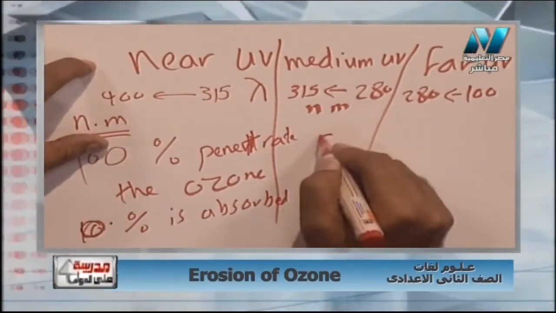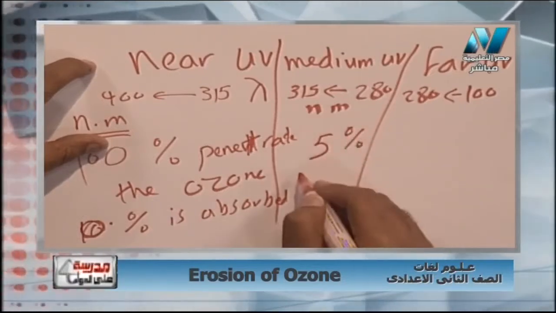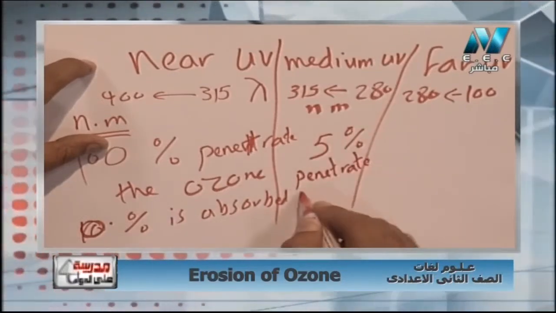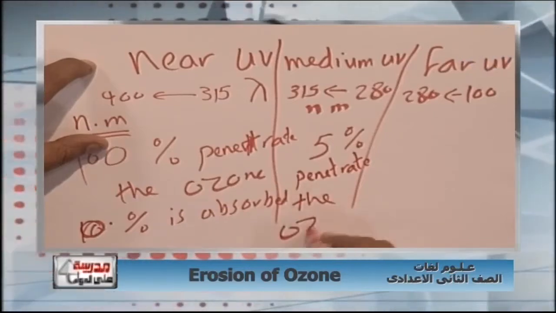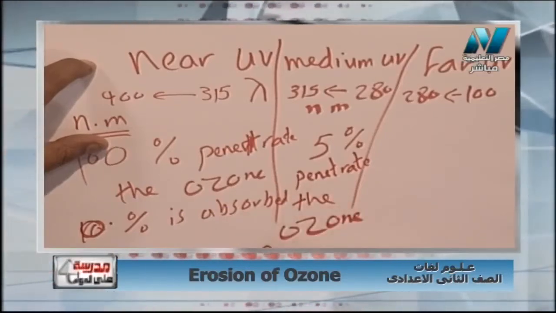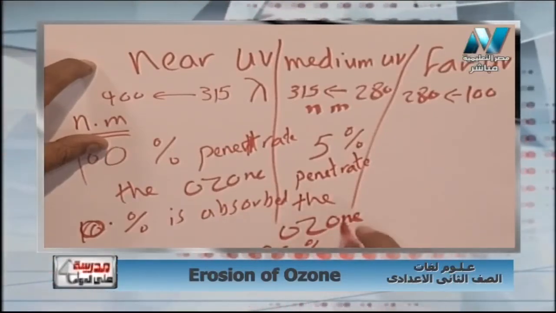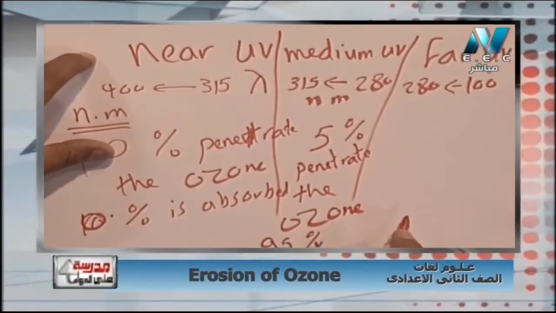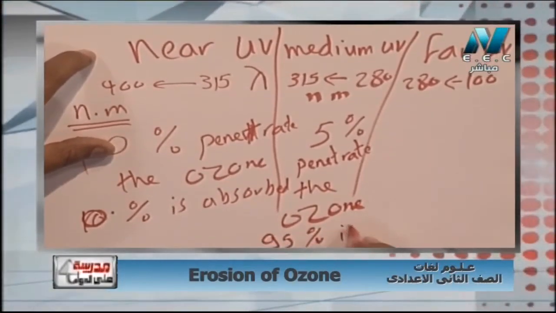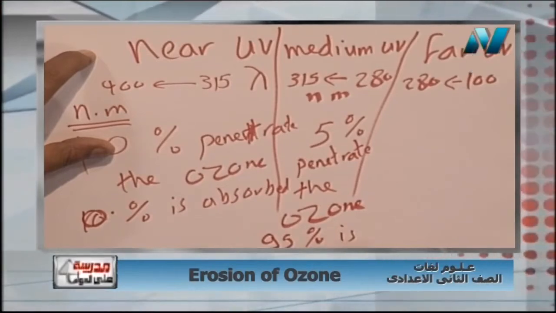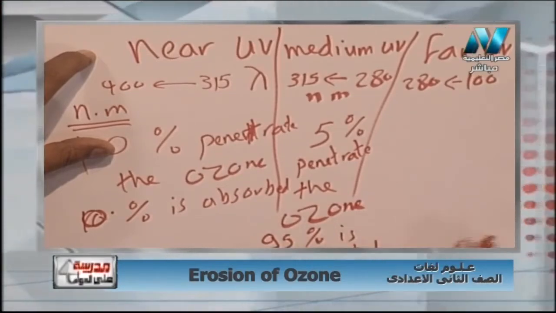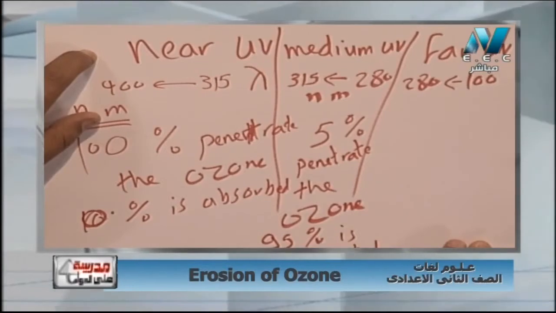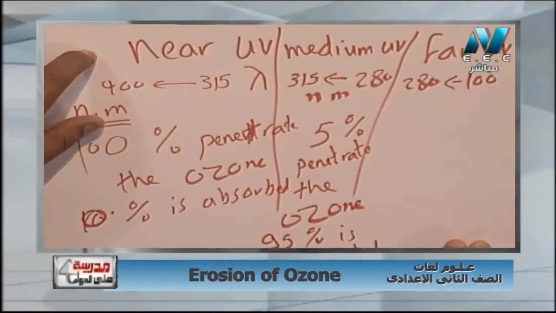But medium, only 5% penetrate the ozone, and 95% of medium ultraviolet rays is absorbed. It is harmful, so it's not allowed to penetrate the ozone layer.